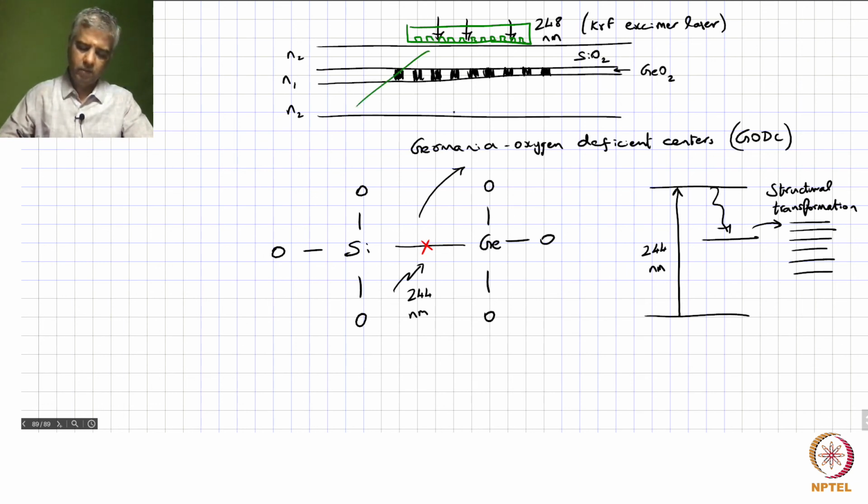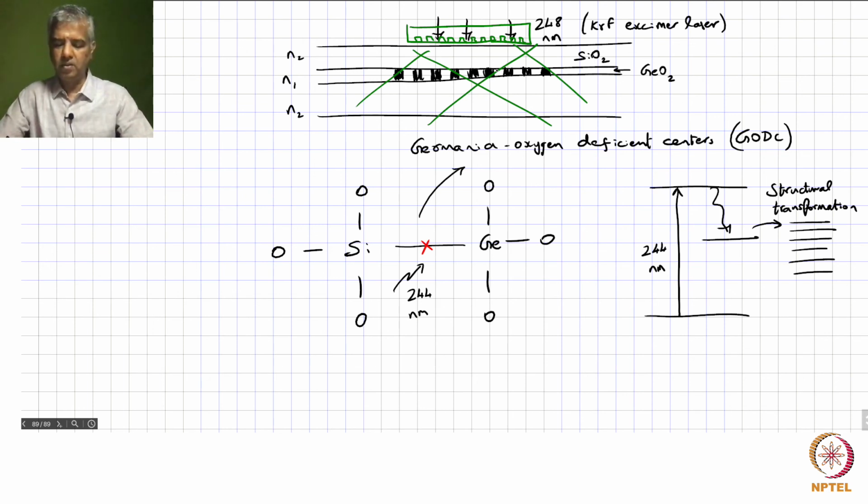You have a light beam that comes like this, and then another light beam that goes like this, and these two interfere, and that interference pattern has high intensity regions at these locations, and that actually causes a change in the refractive index at those points.